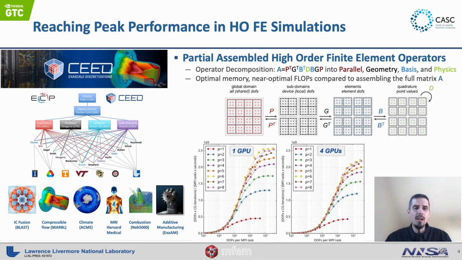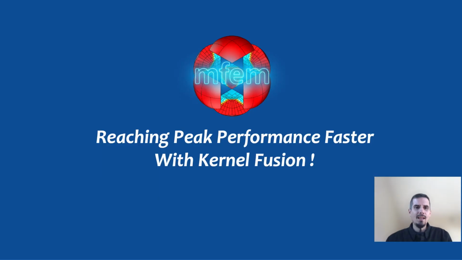Higher is better, but also importantly, the sooner you reach the peak, the better. We are interested in minimizing the number of degrees of freedom, or DOFs, required to reach this peak, which will help address strong scalability.